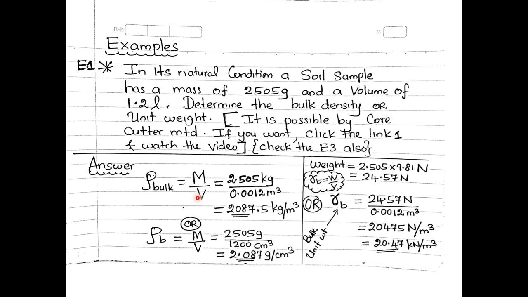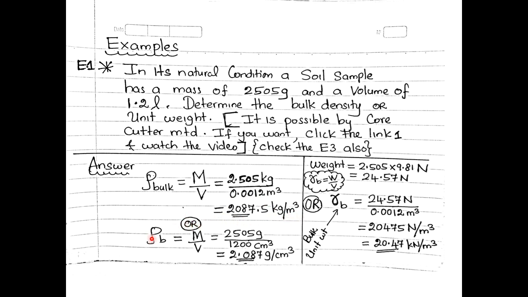Check the video also, link 1. 0.0012 meter cube, because 1 liter is equal to 1000 milliliter or 1000 centimeter cube. 1 liter is equal to 0.001 meter cube, or 1000 liter is equal to 1 meter cube. Therefore, 1.2 liter is equal to 0.0012 meter cube. That answer is 2087.5 kilogram per meter cube.